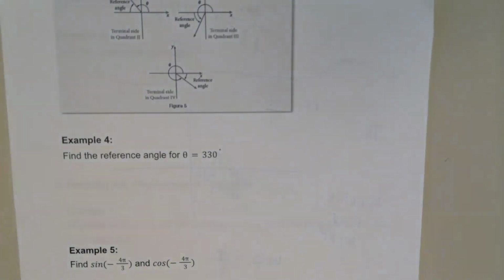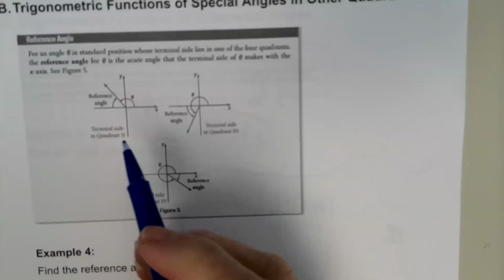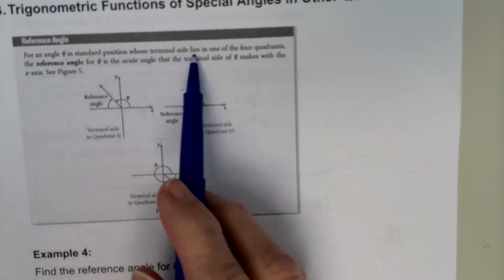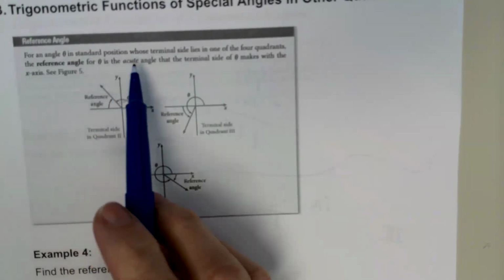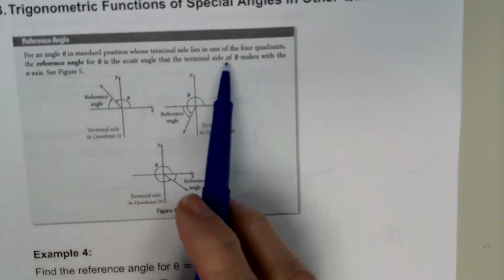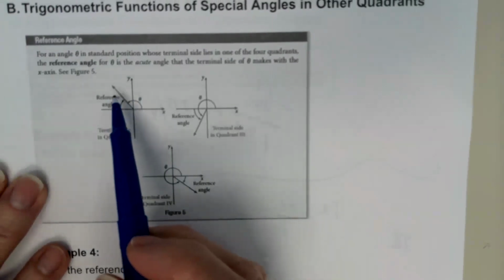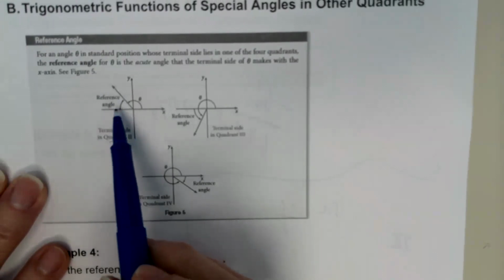Example 4. We're going to use reference angles. So for an angle theta in standard position, whose terminal side lies in one of the 4 quadrants, the reference angle for theta is the acute angle that the terminal side of theta makes with the x-axis. So if this right here is our angle in the second quadrant, then the reference angle is this little one here.